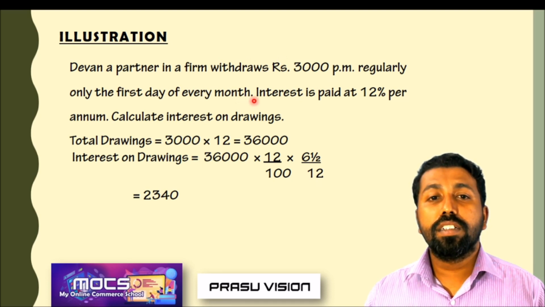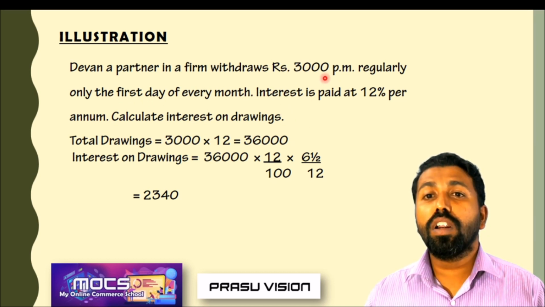Every month the partner is withdrawing 3,000. The interest is charged at 12%. The partner has to pay 12% interest to the firm. Calculate interest on drawings. Remember, the amount of withdrawing is given only for 1 month, but we have to calculate for the whole year.